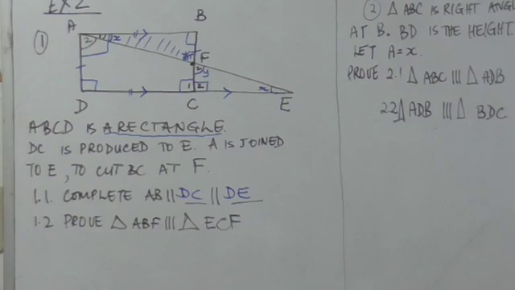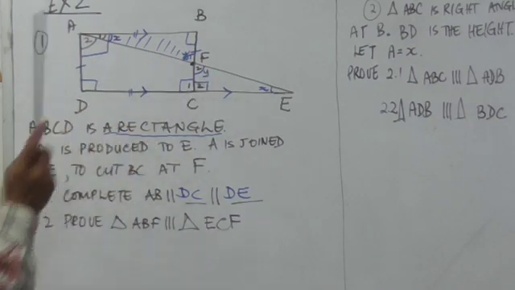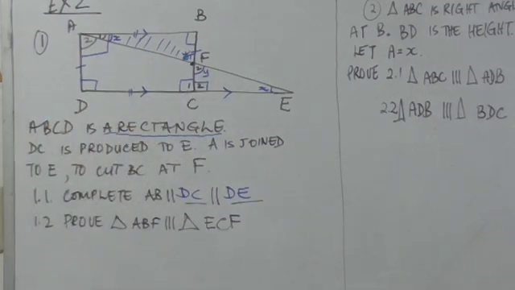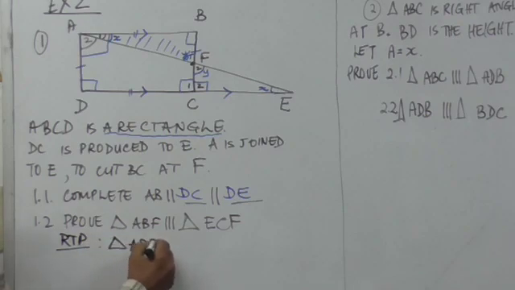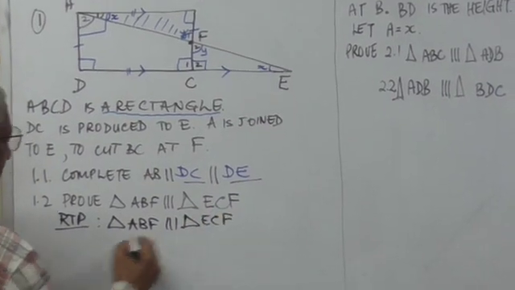And now we want to prove ABF is similar to ECF. You can see clearly there's 90, there's 90, there's X, there's Y, there's Y. So we can write the proof. Required to prove triangle ABF is similar to triangle ECF.